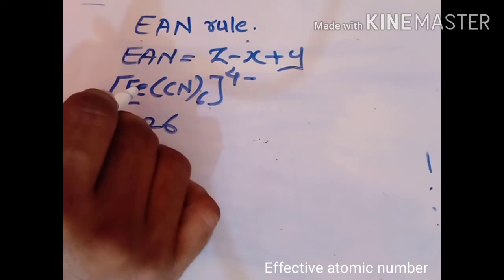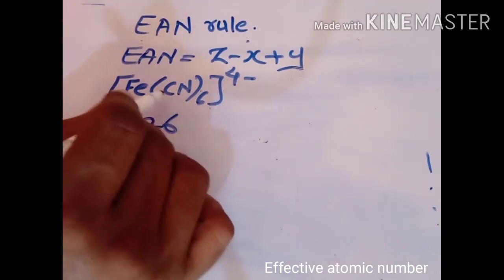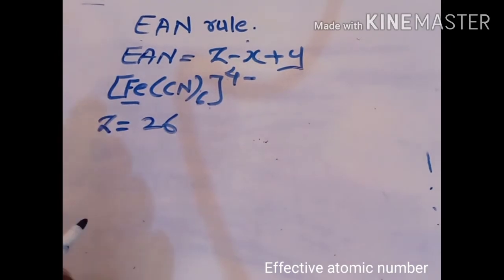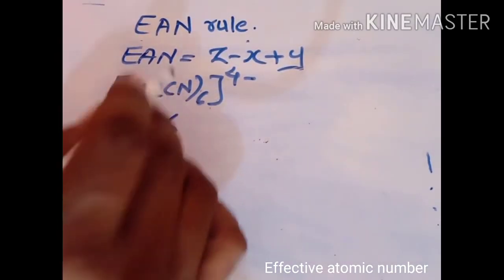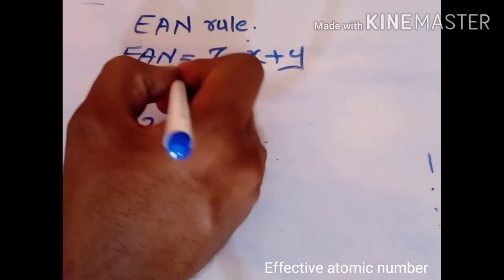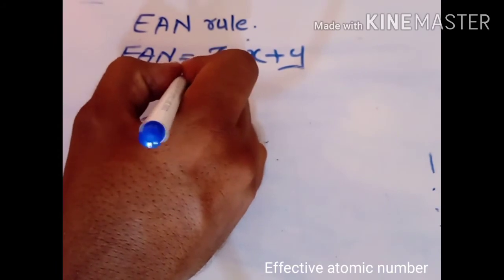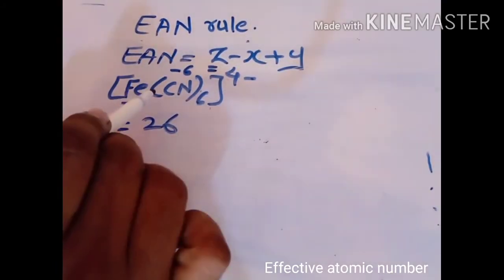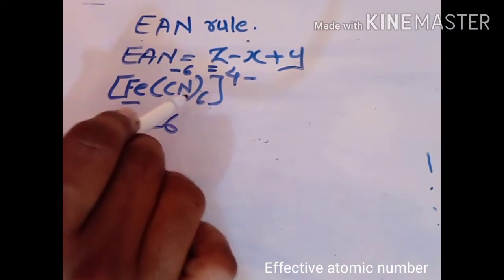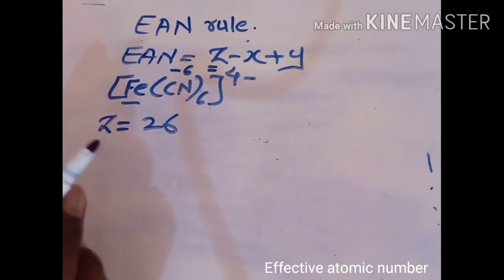For calculating this one, we have to find the oxidation state of iron in this complex. Here the net charge is -4. There are 6 cyanides here, so we write -6, because one cyanide carries one minus charge. 6 into -1 is equal to -6.